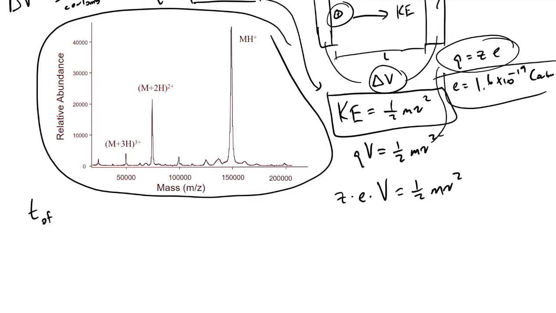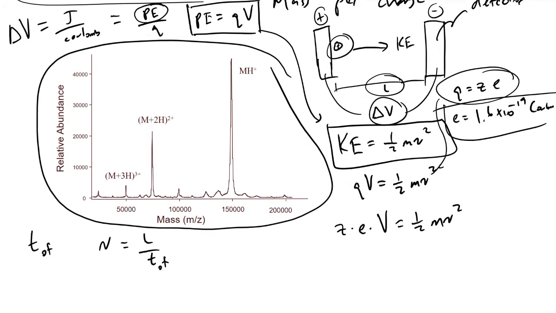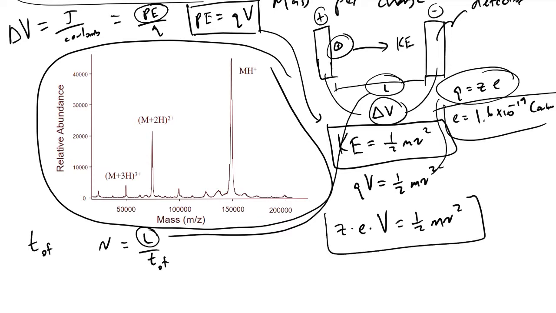Next, because we are interested in time of flight, I'll call it TOF, we'll recall the definition of velocity, which is equal to some length over time, in this case time of flight. In this case, length is the length of our vacuum chamber in our mass spectrometer. We know that that's defined, and we will solve this equation for velocity.